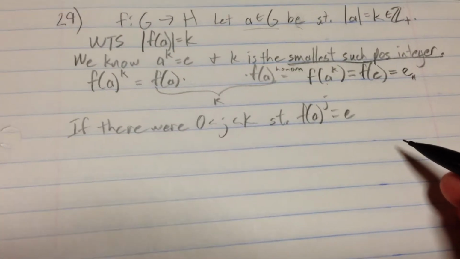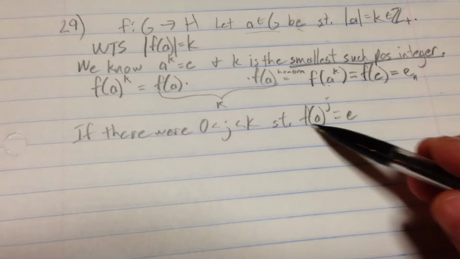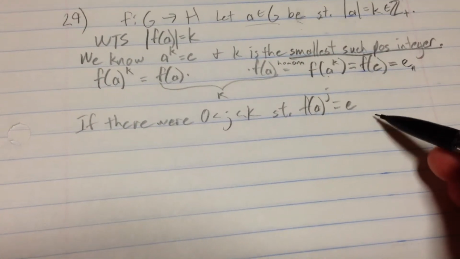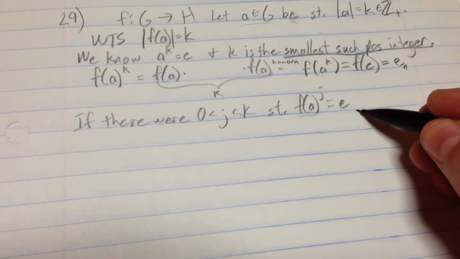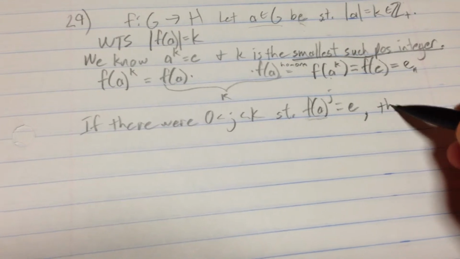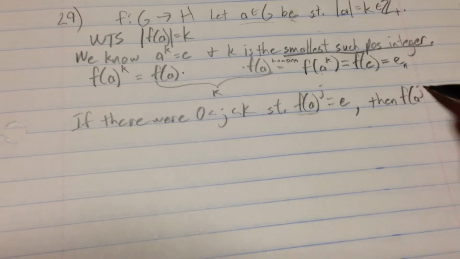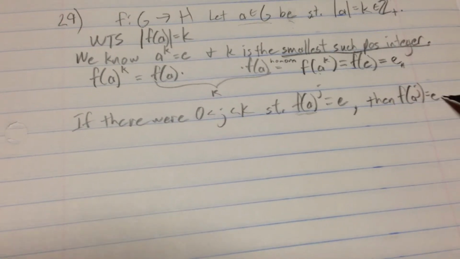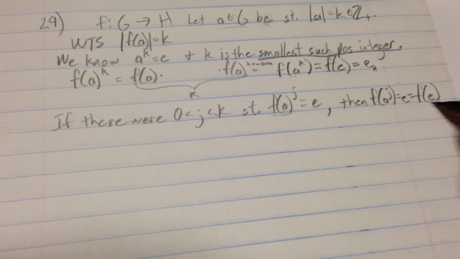Remember, we haven't used that this is an injective homomorphism yet. So what do we know about this? Well, this gives us f of A to the J equals E. Well, what else? We're trying to use injective. We know that f of E equals E.